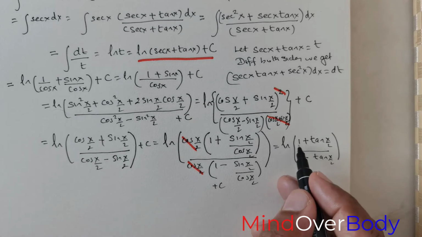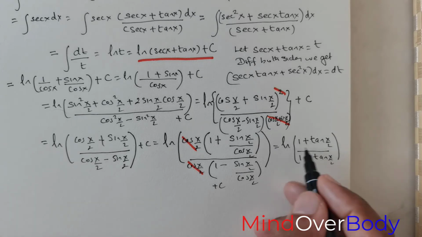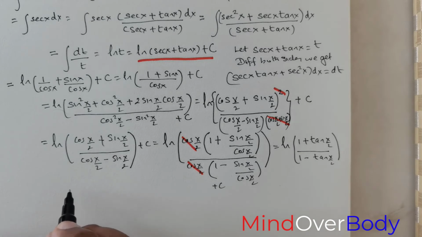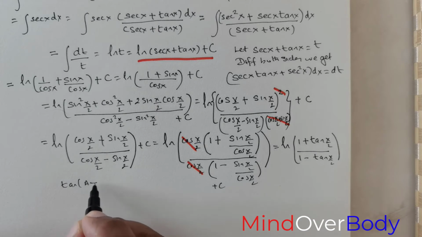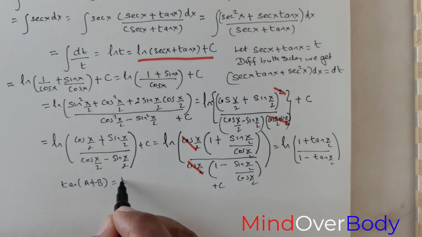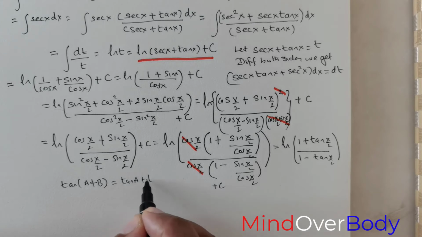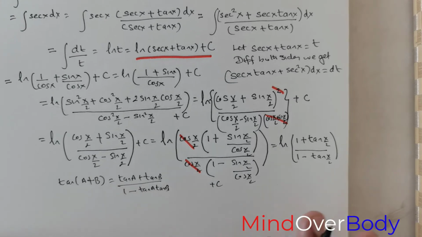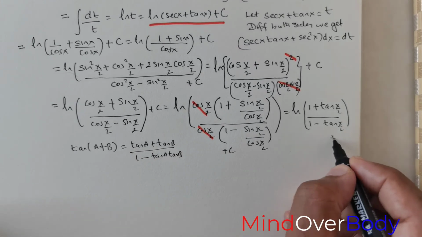Now this is actually a formula, right? What is this formula? If I were to use tan of (a + b), I would get (tan a + tan b) divided by (1 minus tan a tan b). This is the formula. Let me place the c there.